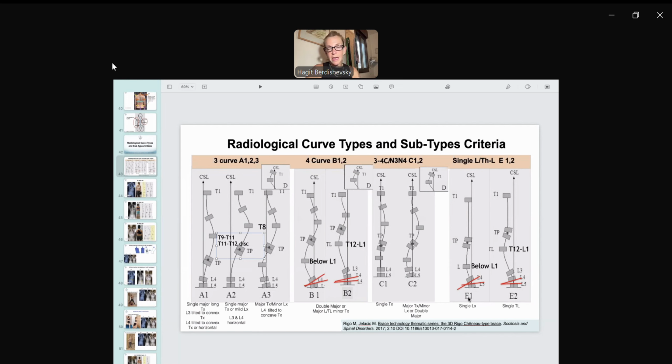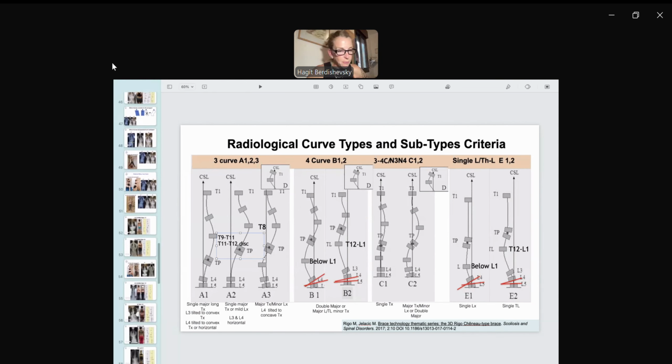It's going to be E1, a single lumbar, if the apex is below L1, as I said, typically L2, or it will be a single thoracolumbar, E2 subtype, if the apex is between T12 and L1, higher. And sometimes this really occupies the whole body.